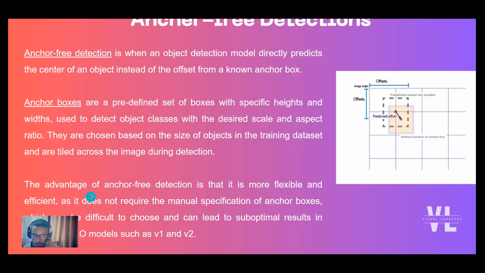The advantage of anchor-free detection is that it is more flexible and efficient, and it does not require the manual specification of anchor boxes, which can be difficult to choose and can lead to suboptimal results in previous YOLO models such as V1 and V2. So being anchor free actually saves some computational power, so that's why it's more preferable.